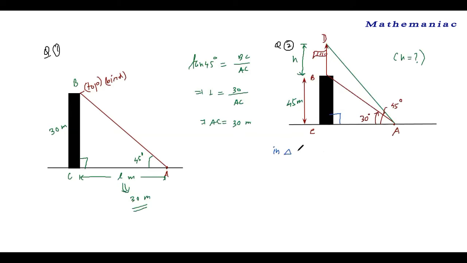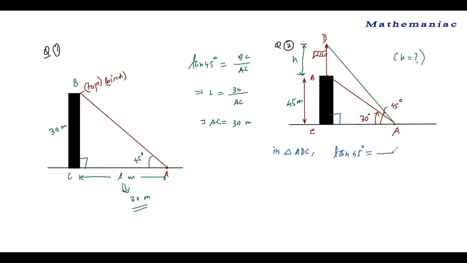I want to choose ADC. Do you know why I have chosen it? Because in this triangle there will be a 45 degree angle, and finding tan of 45 degrees is very easy. So always, if you have a 45 degree angle present in a height and distance problem, you can apply this first.